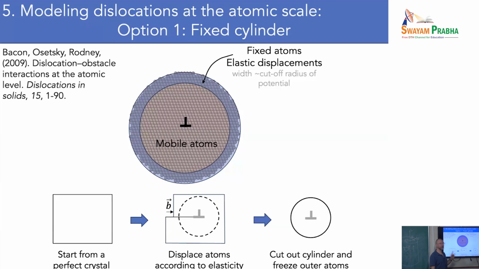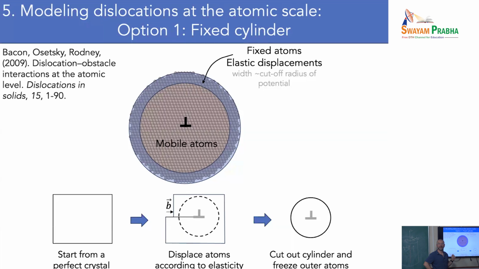Why is that? What do you think? If I didn't fix the atoms on the outside, what would happen? Yeah, the dislocation will just go away because you have free surfaces everywhere. Dislocation costs a lot of energy. So if the crystal can get rid of the dislocation, it will, definitely. So if it's free surfaces, it's going to go away, and then you're in a bad situation. So you fix the atoms.